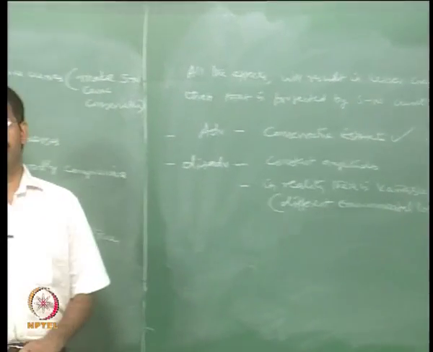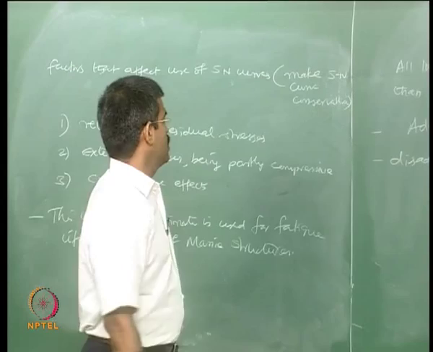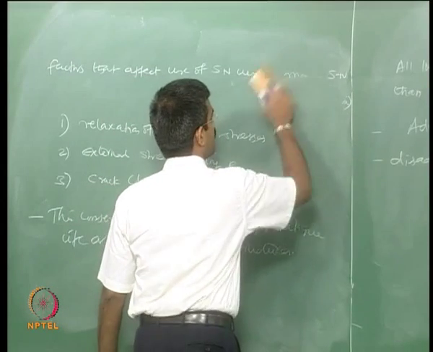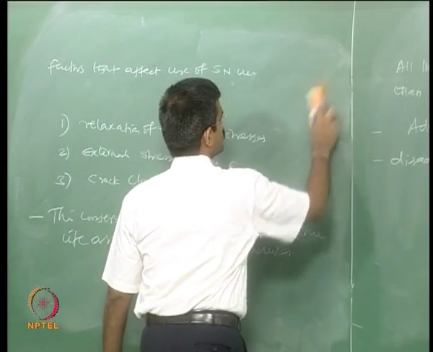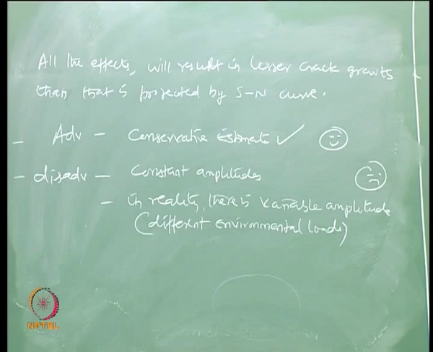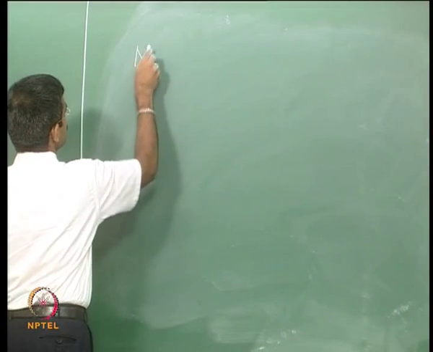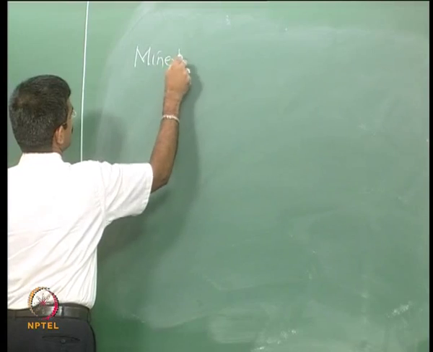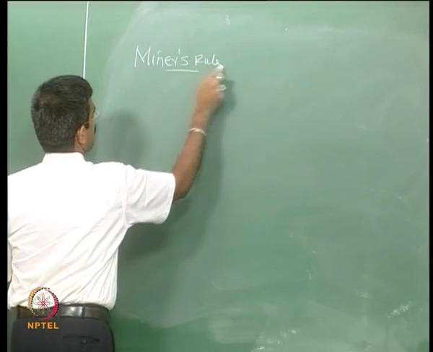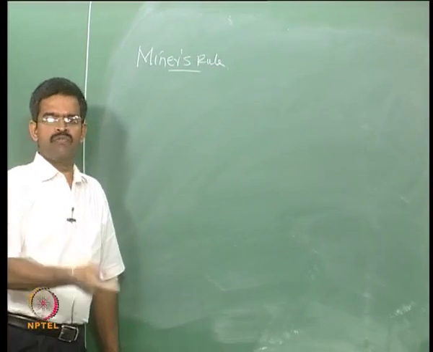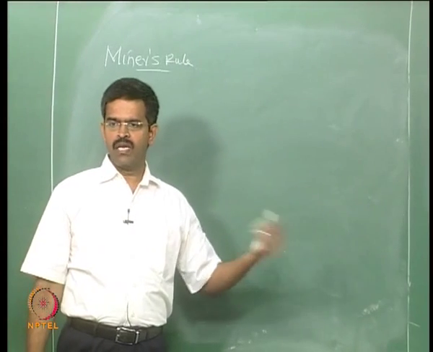Now, how to handle this issue? Minus rule has been applied as a correction to the SN curve. That is the last topic we will discuss today in this lecture. There is something called a minus rule, which is applied as a correction factor to the estimate obtained from SN curves.